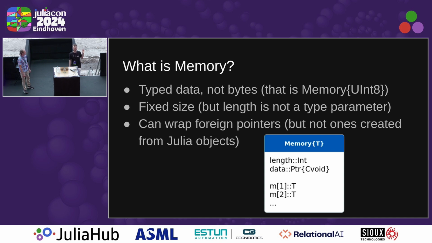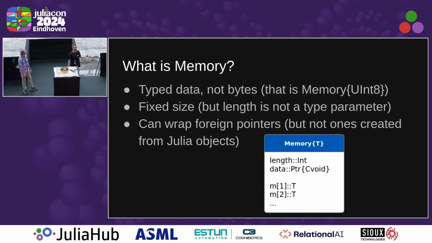Memory is also a fixed size type, so unlike array, it is not resizable. If you want resizability, that's what array is for. But the size of the memory is not one of the type parameters. It is just dynamically stored. The reason for that is StaticArrays.jl is very useful for some situations, but it's not what you want to build most higher level abstractions on top of.